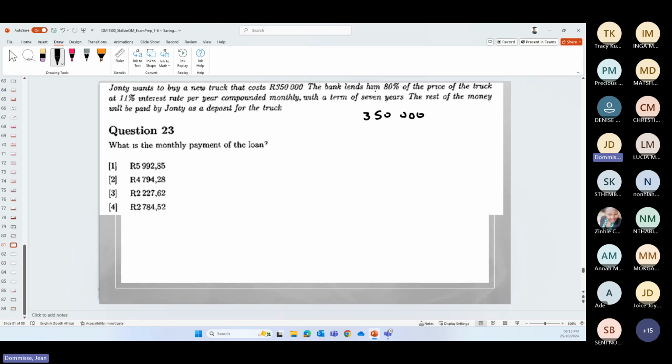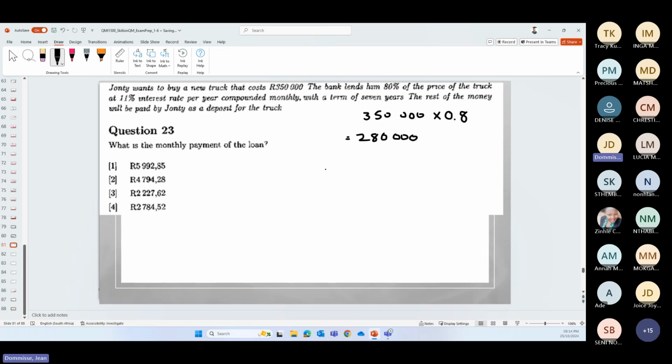The bank lends him 80% of the price of the truck, so the bank only gives him 350 times 0.8, which is 280,000. That is the loan he is taking out.